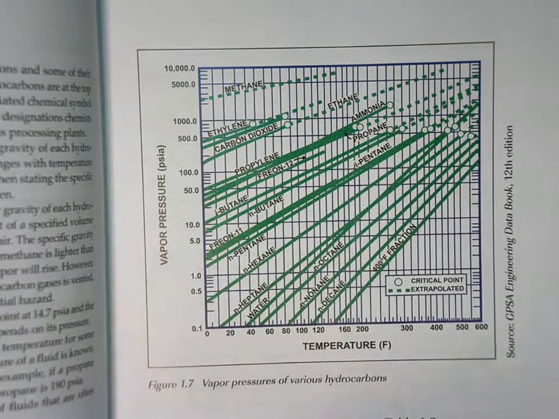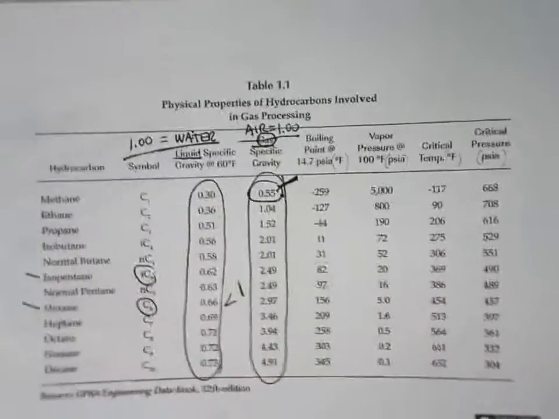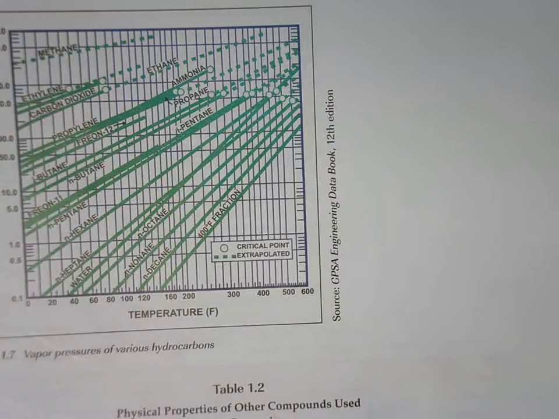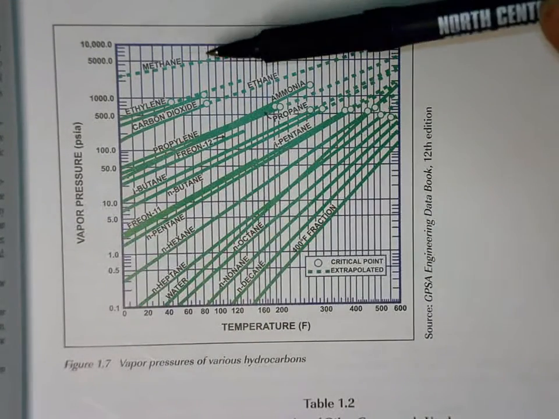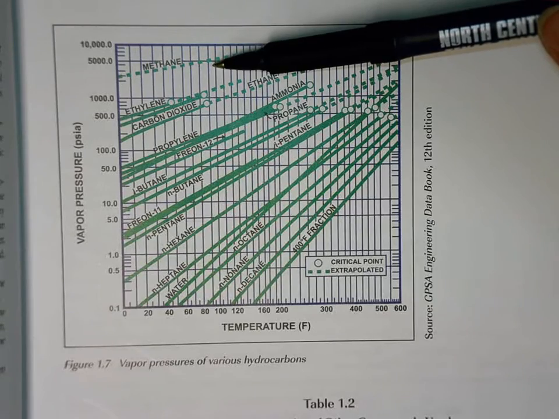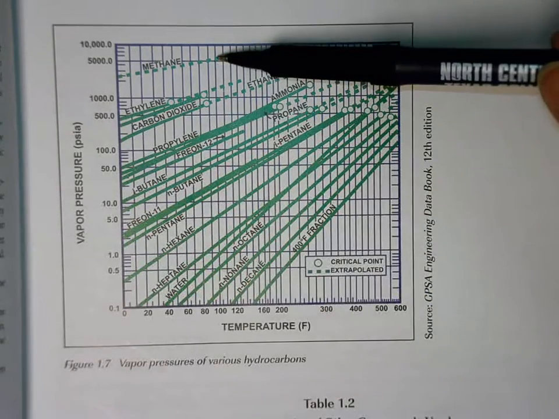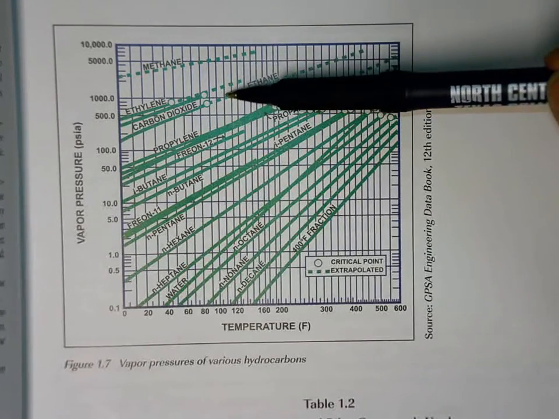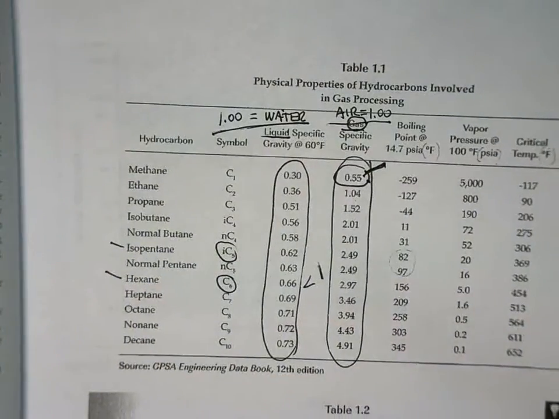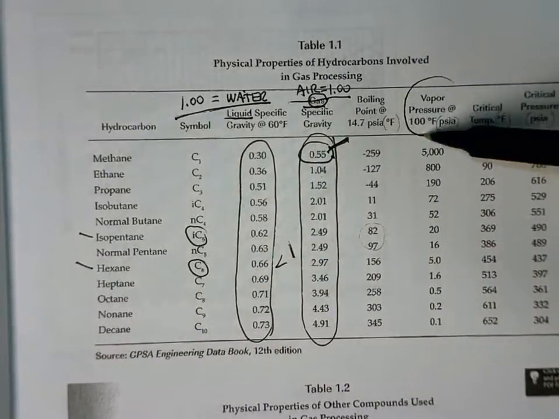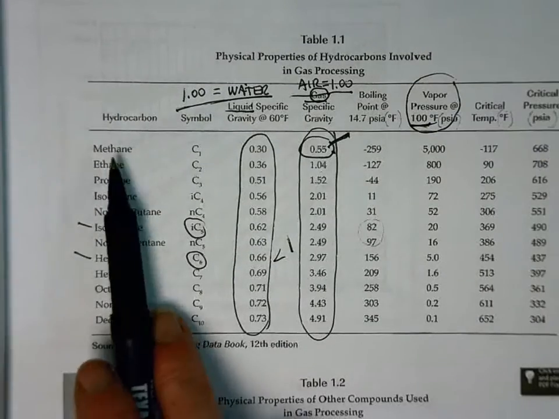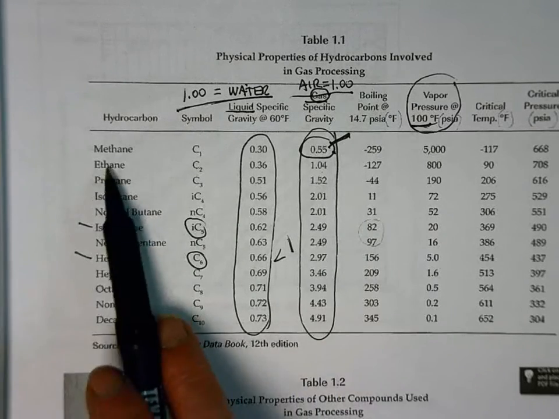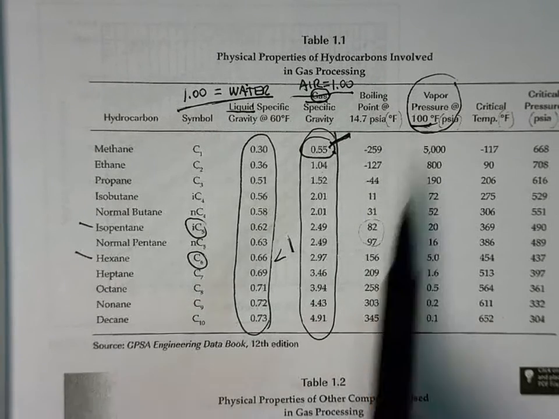It's more volatile. If you look once again at table 1.1, at the pressures we were just looking at, at around 100 degrees, methane is about 5,000 psi, and ethane is around 1,000, a little less than 1,000. If you look at table 1.1, this column, vapor pressure at 100 degrees, methane is about 5,000 psi.